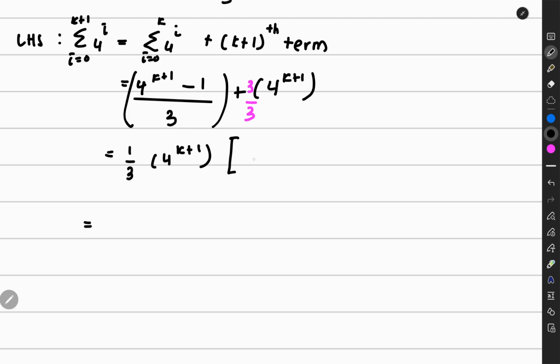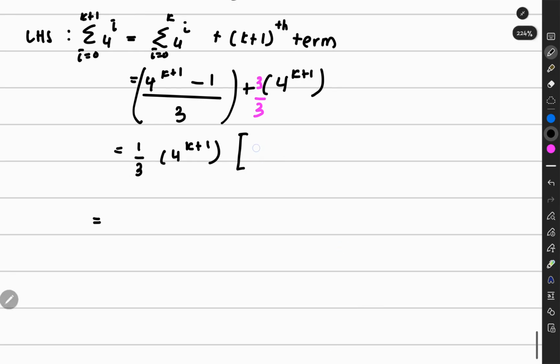Siapa ingat? One plus 3. Oh, jadi 1 plus 3.